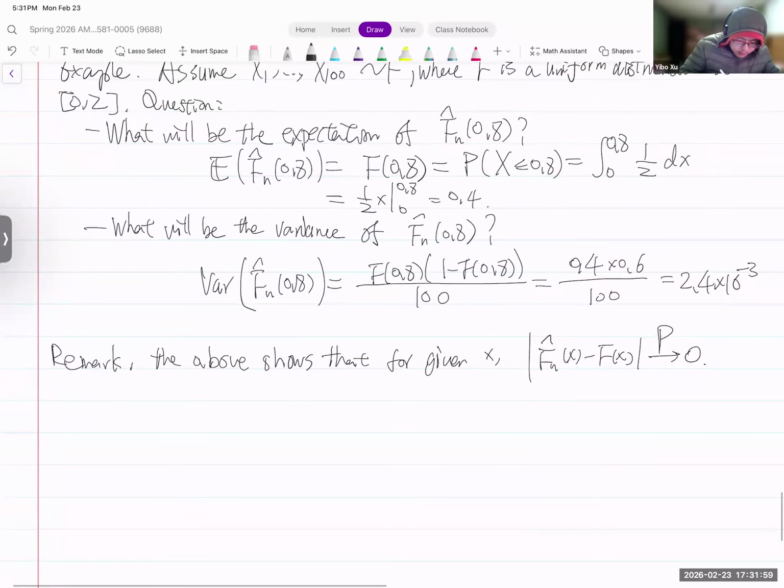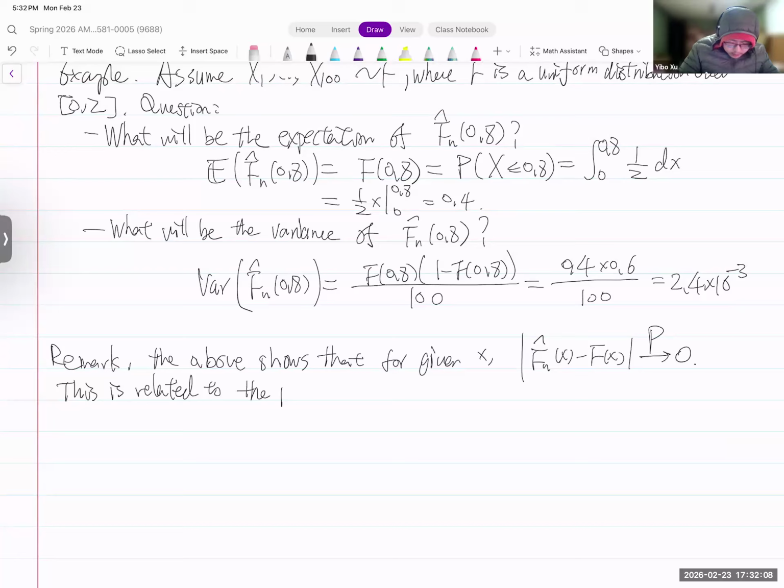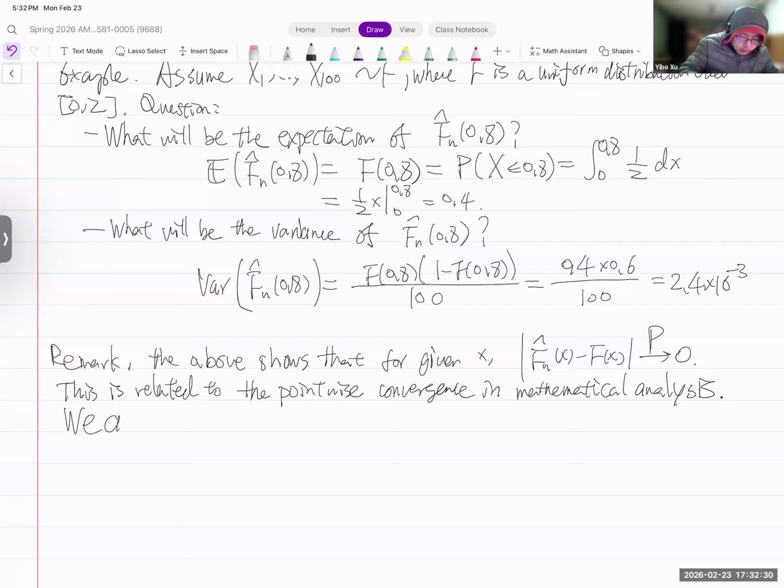So this is related to what's called pointwise convergence in analysis.